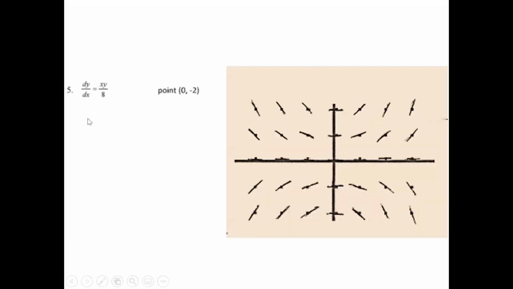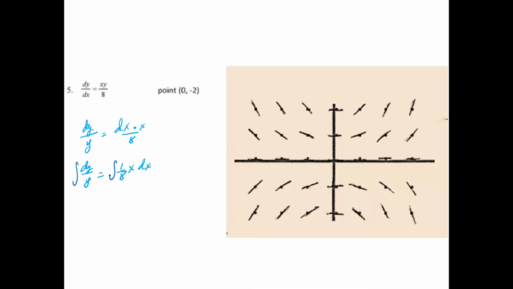So you have dy over y equals, multiply by the dx on both sides, dx times x over 8. Or if you want to rewrite it, dy over y equals 1 over 8 x dx.